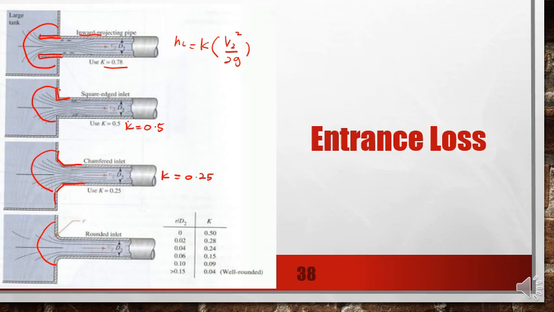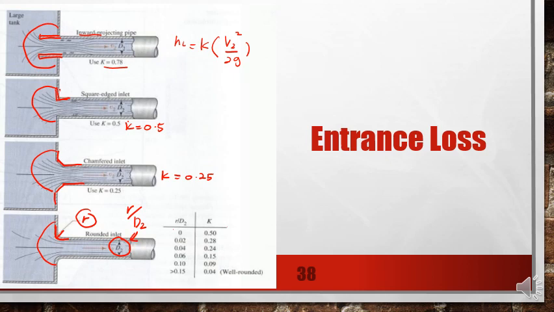The last one is called a rounded inlet. The rounded inlet has a shape like this, so here it's actually rounded. Usually it will provide the R value. It has many categories or many K values, but you can get the K value by knowing the ratio between this R over the D2 here.